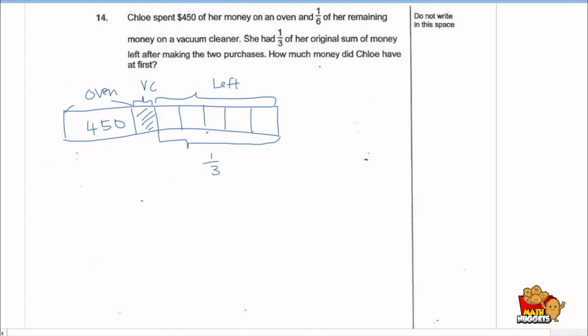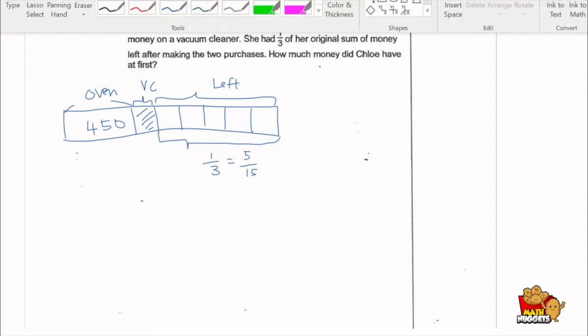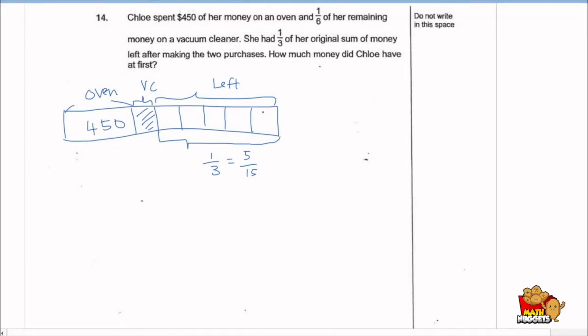meaning the whole sum of money that she has is 1 whole, which is 3 out of 3. So now what I usually like to do is, since I have 5 units, I will change my numerator to 5. So this becomes 5 out of 15. So I do this so that I know that 1 unit here is 1/15.